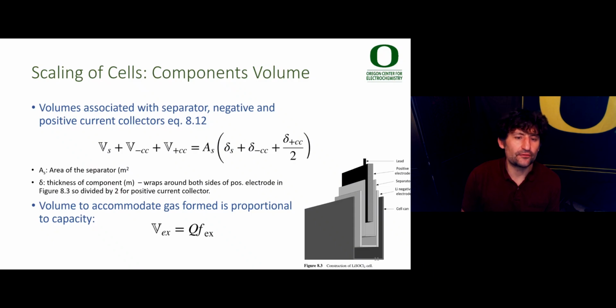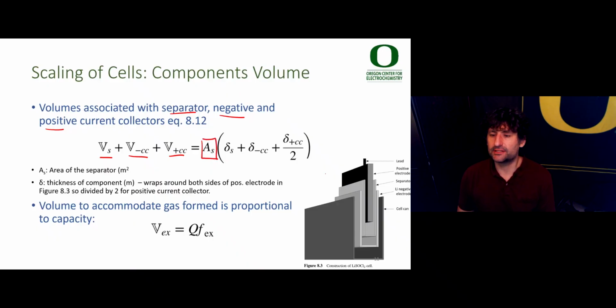We also have to think about the volumes associated with the separator, the negative and the positive current collector. So the sum of the separator volume, the negative and positive current collector volume, scales linearly with the area of the cell. This is going to be the cross-sectional area of the cell.